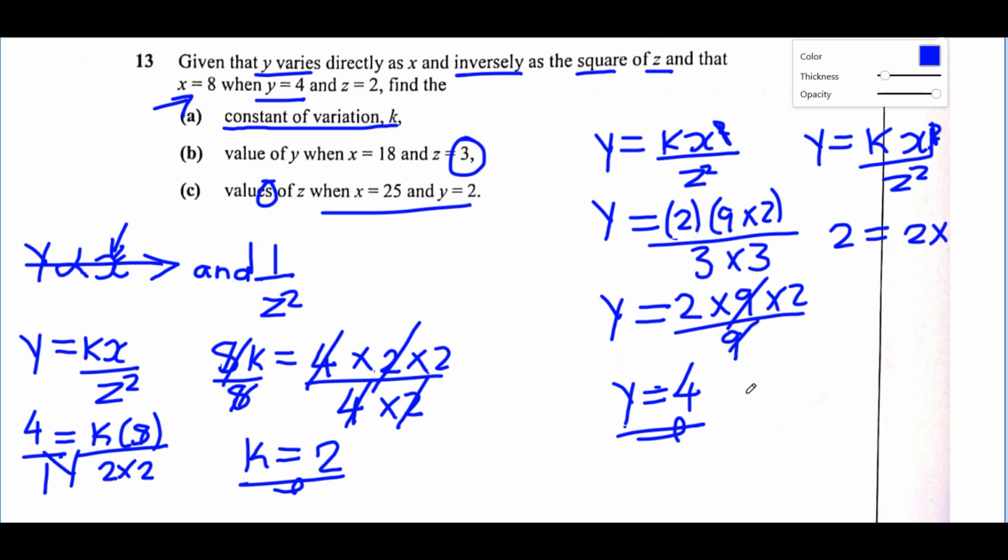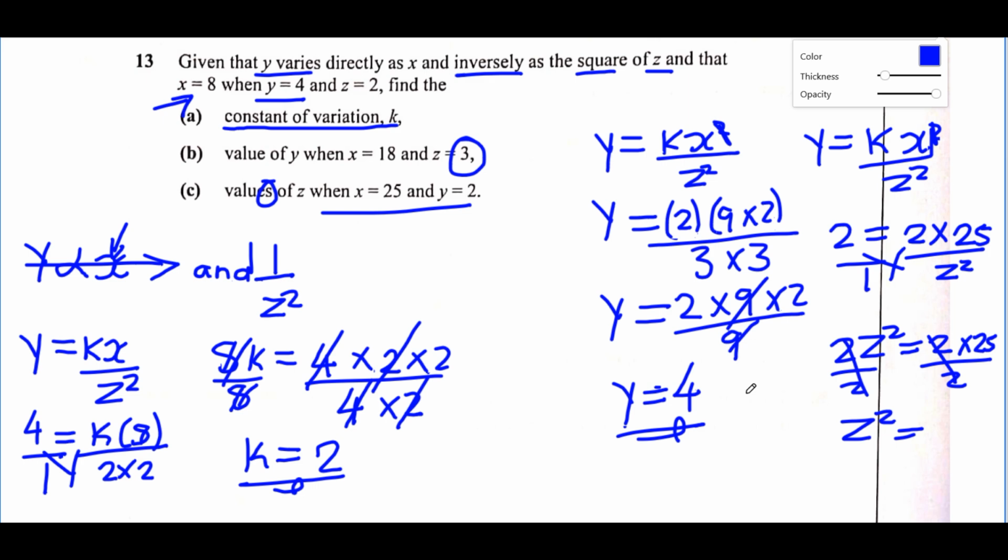So 25 over z squared over 1 will cross multiply. So 2 times z squared is 2 z squared. Then 2 times this over 2 over 2. Z squared is equal to 25. We take the square root. Z is equal to plus or minus 5. So that's our final answer.